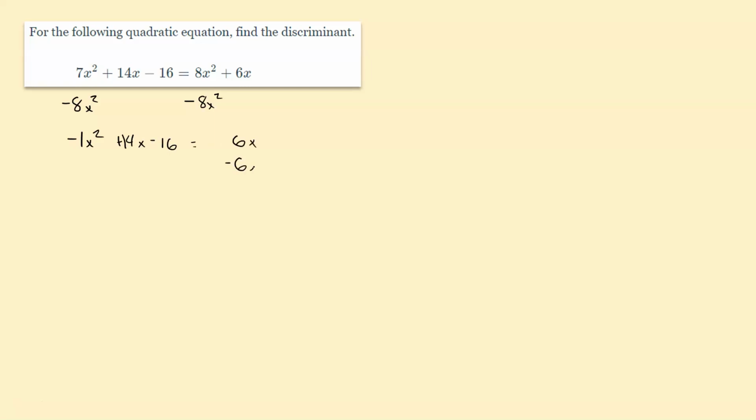And then subtract the 6x on both sides. 14x minus 6x is 8x. So now we have it in standard form. So our a value is the coefficient out in front, negative 1. B value is 8. C value is negative 16.